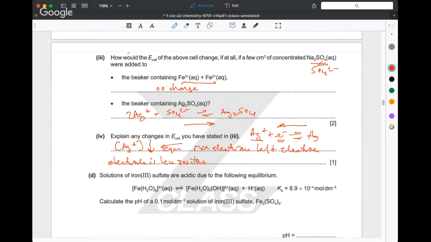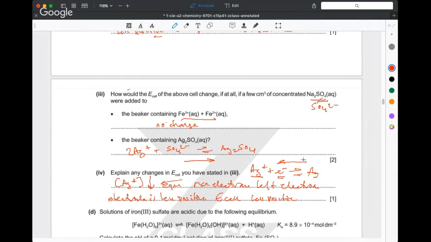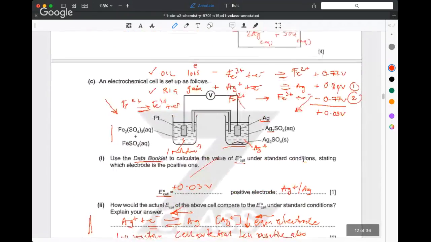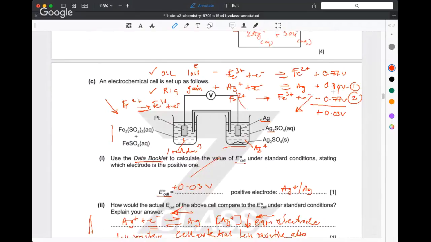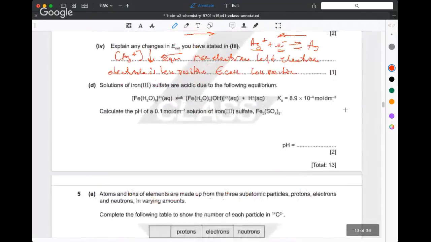And if the electrode is less positive, then the cell potential itself is less positive. Because if you go back up here, you can see that if the electrode potential is less positive, then overall the cell potential will be less positive as well.